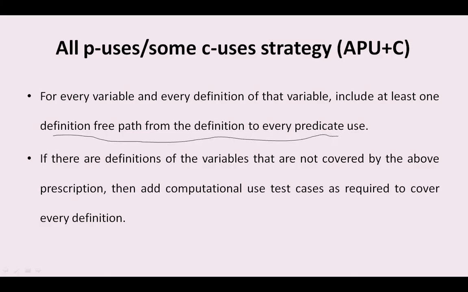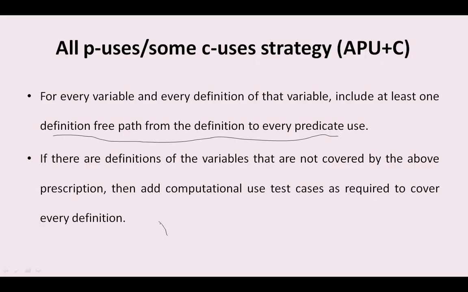If there are definitions of variables not covered by the above prescription, then add computational use test cases to cover every definition. What does this indicate? That a variable defined very early or previously can be used for every predicate use.